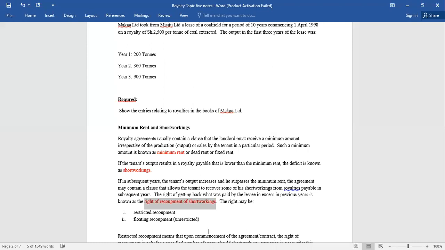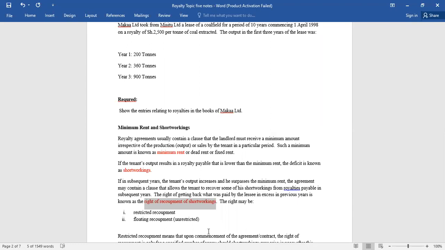That's why we are calling it restricted. There are situations where whatever you expected now is different. You may get more, and because you don't want to have abnormal profits and take advantage of the landlord or the mines that you're exploiting, they normally restrict it in the lease agreement.